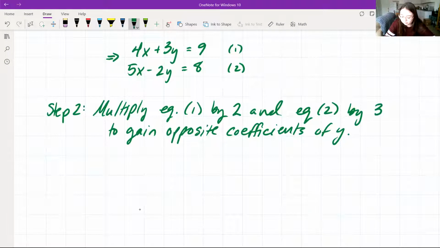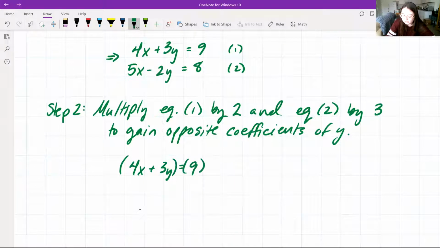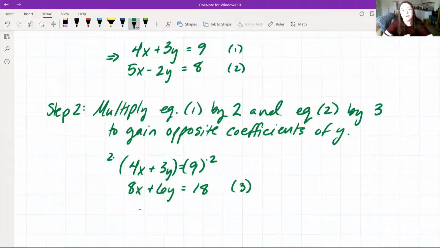So equation 1, we're multiplying by 2. So we're going to have 4x plus 3y is equal to 9. We're multiplying each side by 2. And this is going to give us 8x plus 6y is equal to 18. And we're now going to call this equation 3.